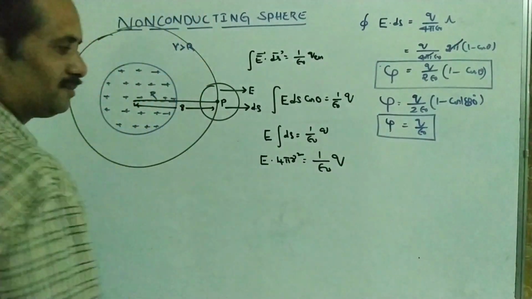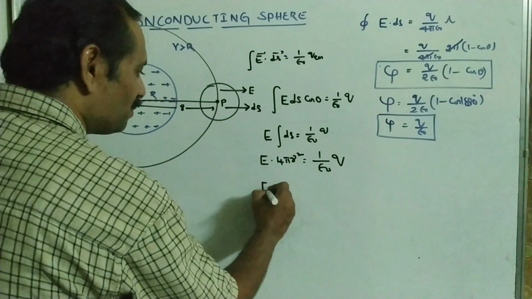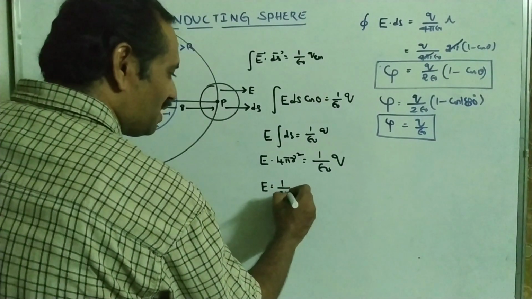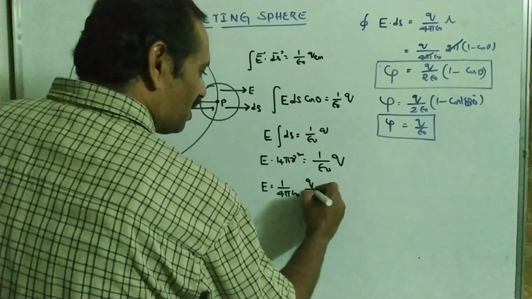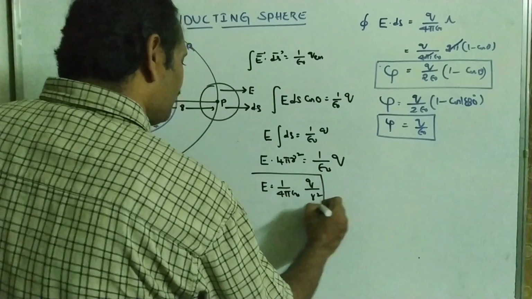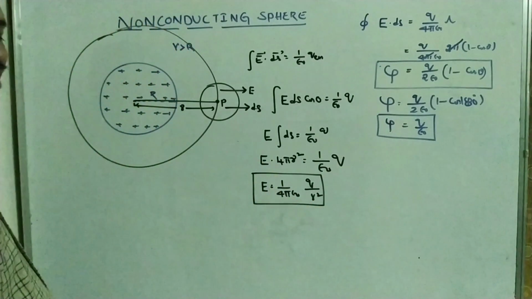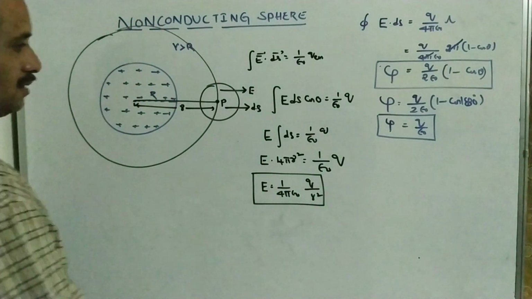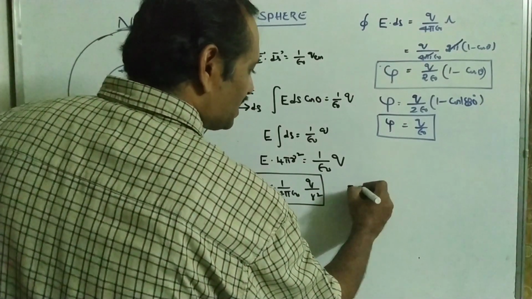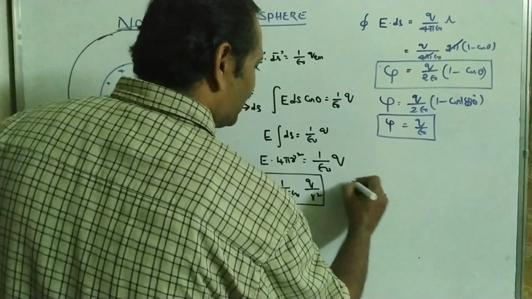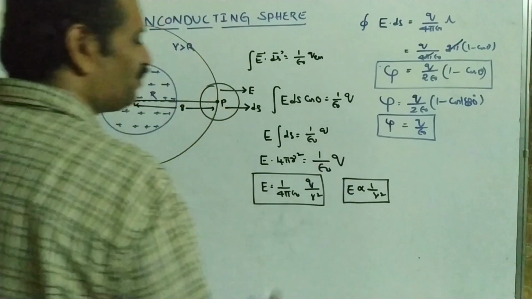So E equals 1 by 4 pi epsilon 0 Q by r squared, the electric field outside the sphere. E is inversely proportional to r squared outside.